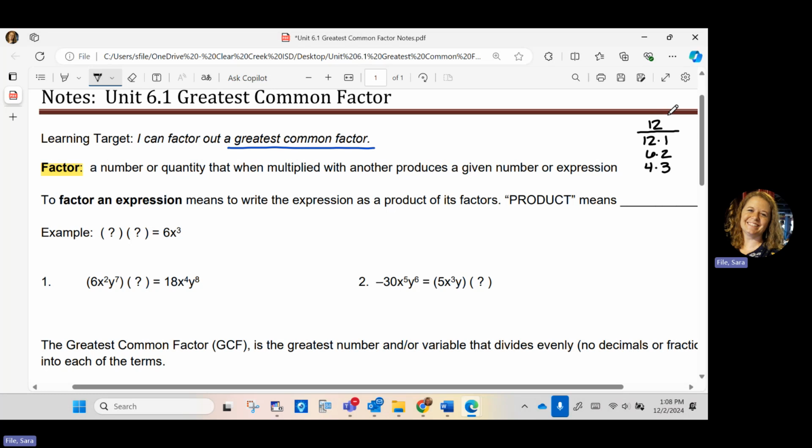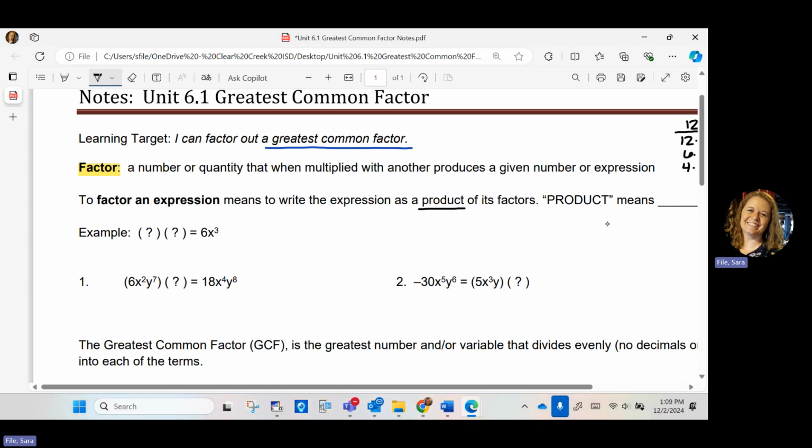Now, to factor an expression just means to rewrite it as a product of its factors. A product means to multiply.